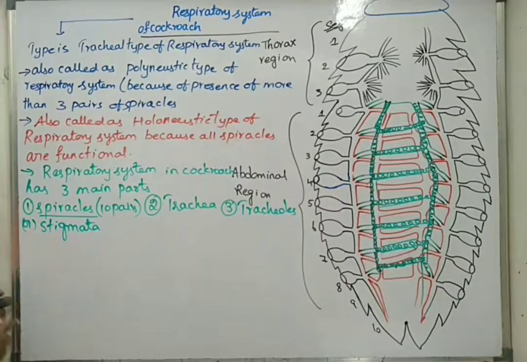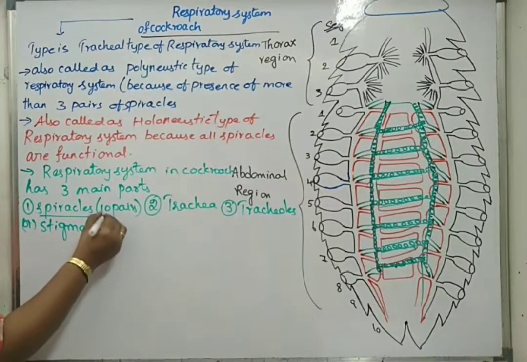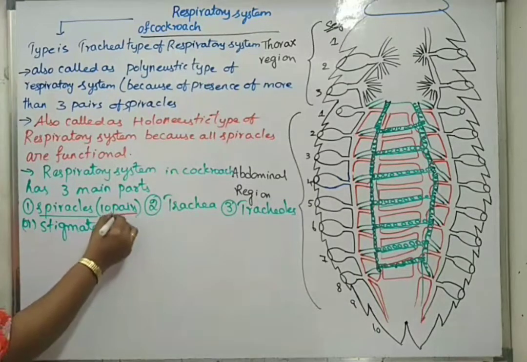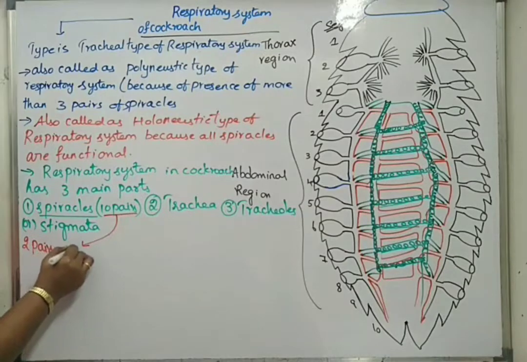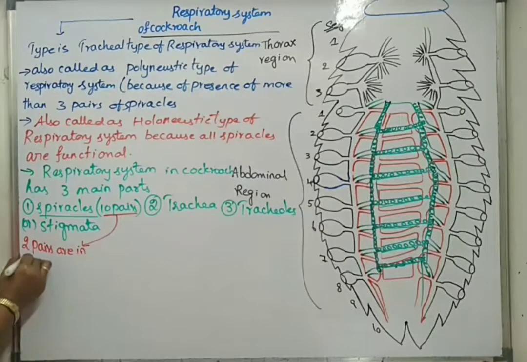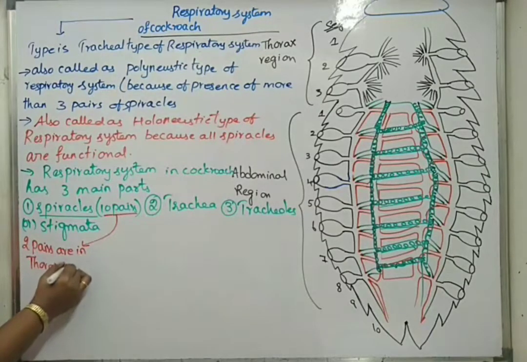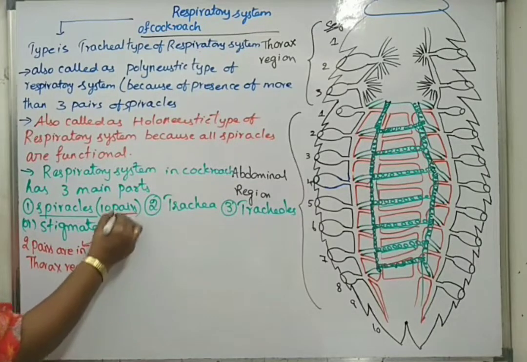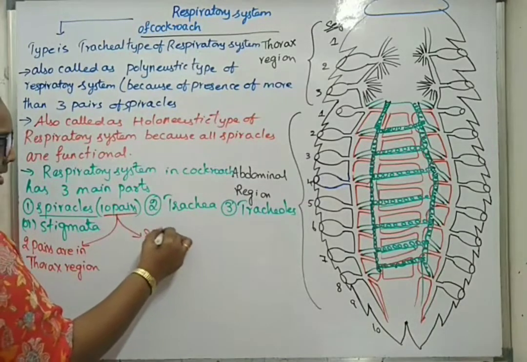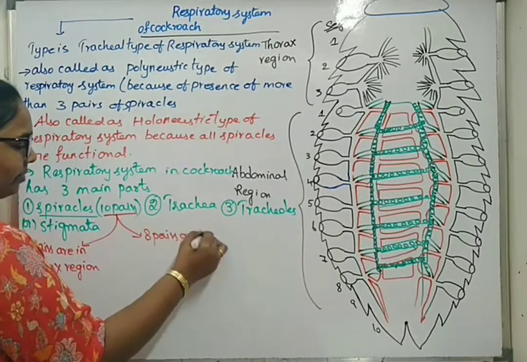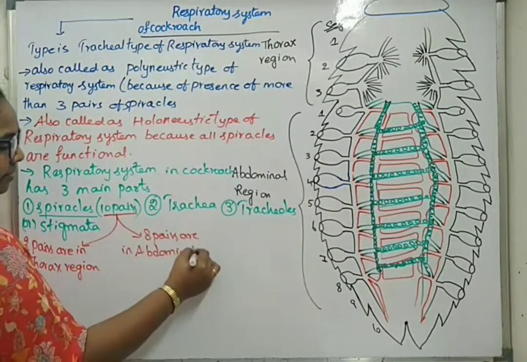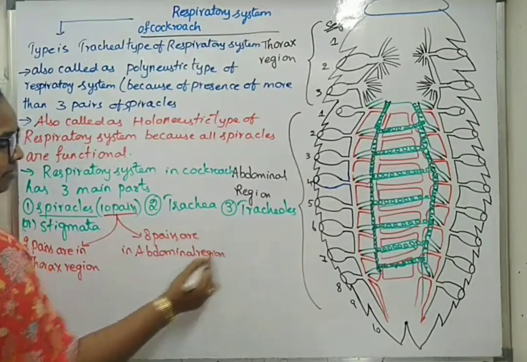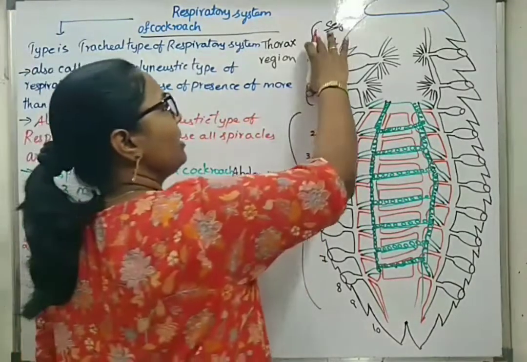Next, these spiracles, we said, are 10 pairs. 2 pairs are present in the thorax region, and 8 pairs are present in the abdominal region. Here we see the thorax region.